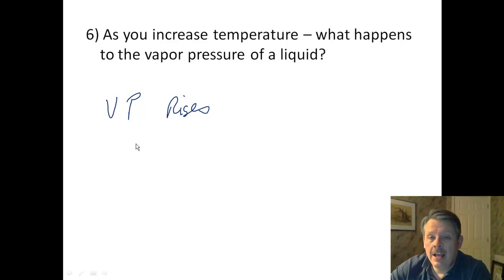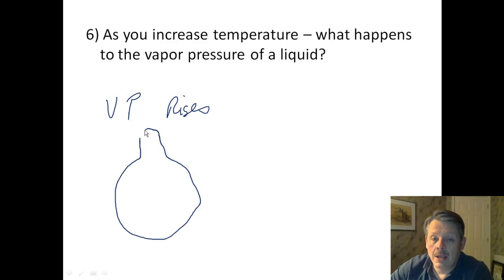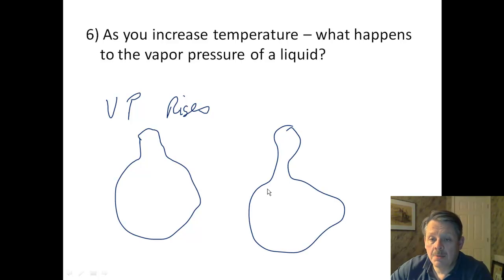Think of it as you've got a bottle. I'm not even going to draw it. Here's a bottle, and you've got another one over here that has exactly the same amount of stuff in it. This one is at 20 degrees Celsius, and this one is at 40 degrees Celsius. By the way, they both have liquid in them.